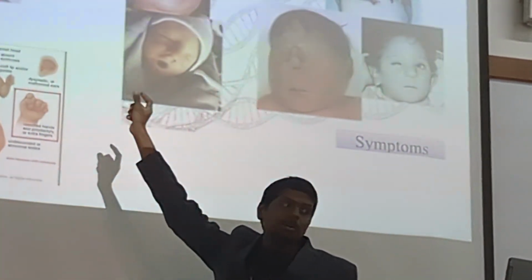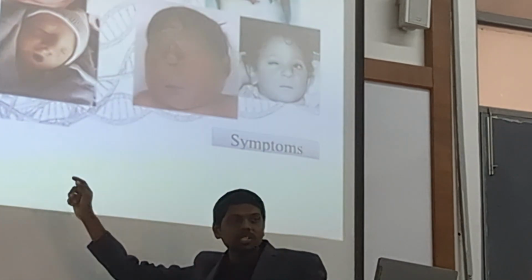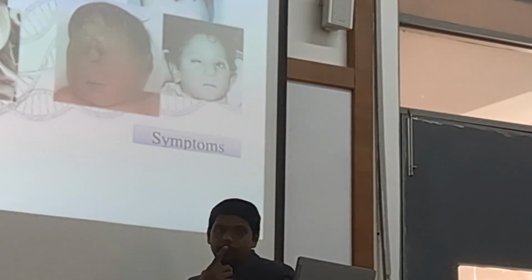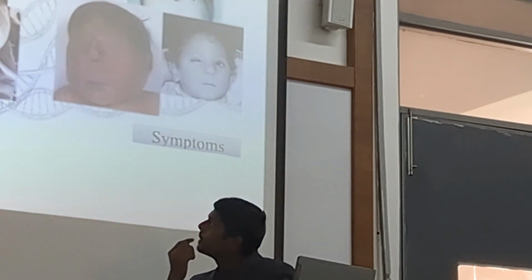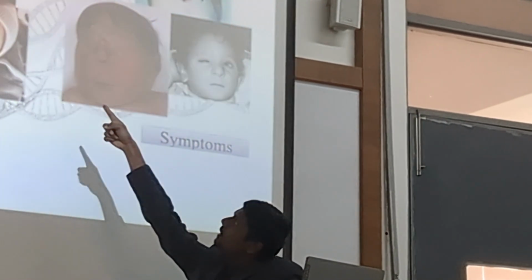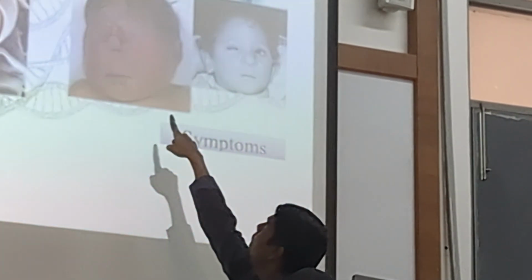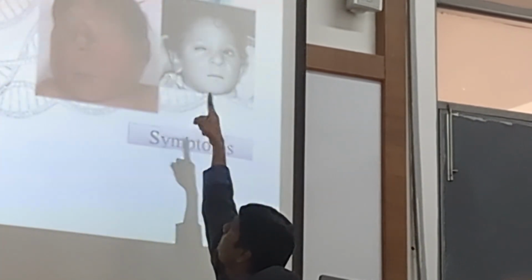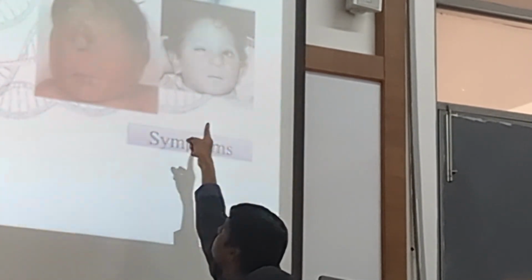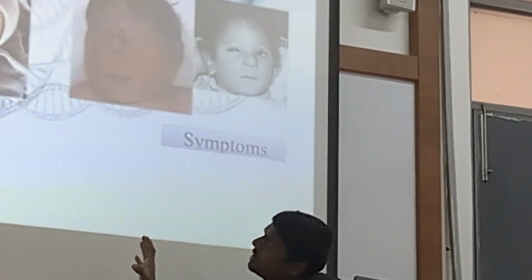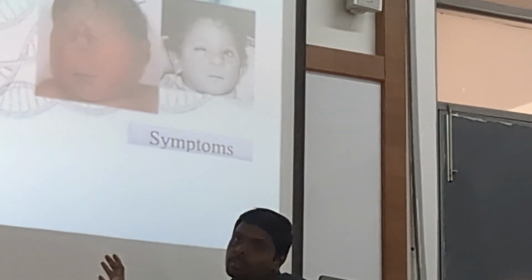The ears are malformed. These are a few features of Patau syndrome. Usually they will have cleft lip, the lip will be split here. See, cleft lip can be seen. And a single eye might be present, or the eyes might be completely closed. These are very severe expressions of Patau syndrome.